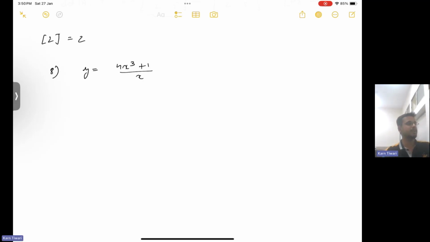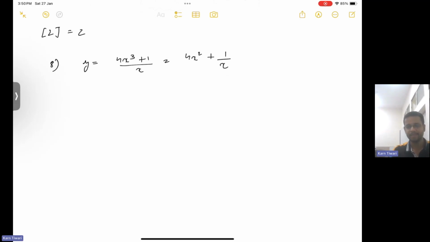The simplest way is it's in the form of numerator by denominator, so the quotient rule applies whenever you have the form p by q. But for this question, there is another simple way. Just separate the terms. You can write it as 4x² + 1/x. Now each individual term is easy to handle.